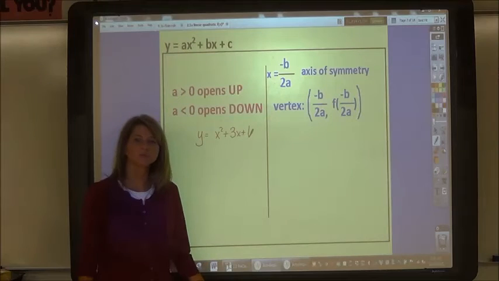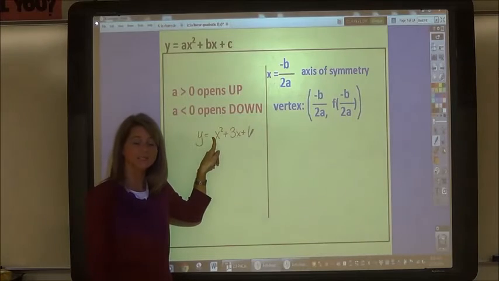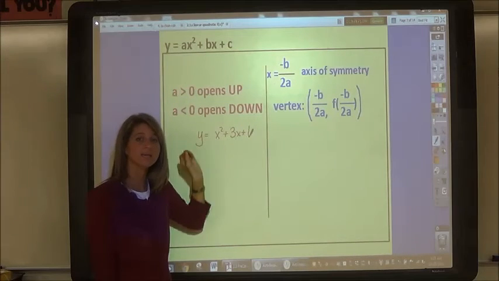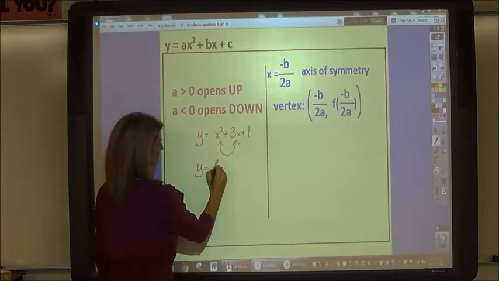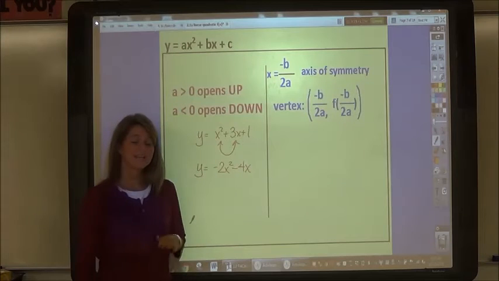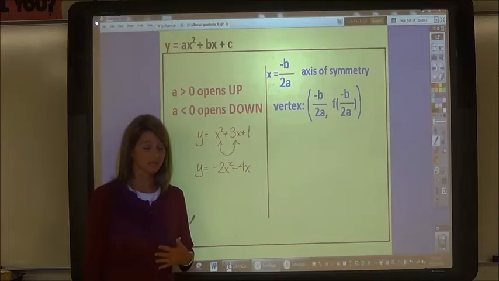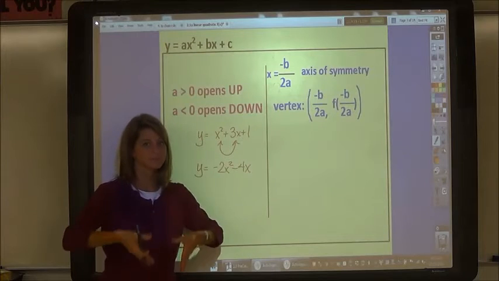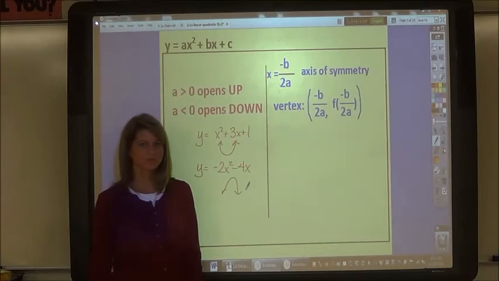If I have x squared plus 3x plus 1, I don't know a lot about it right now, but since a is 1, that x squared has a positive number in front of it, it's going to open up. Negative 2x squared and 4x, a negative number in front of the x squared, is going to open downward. We'll get more specific later.